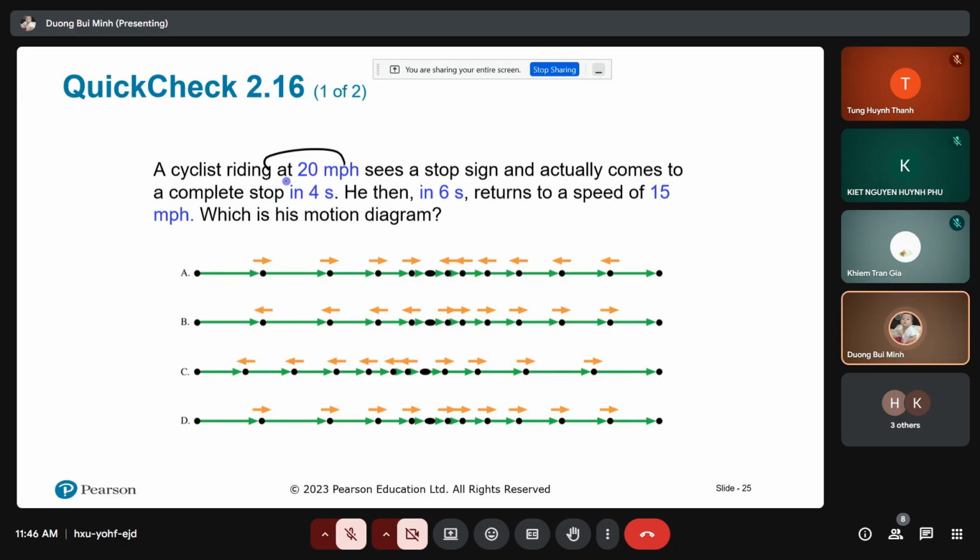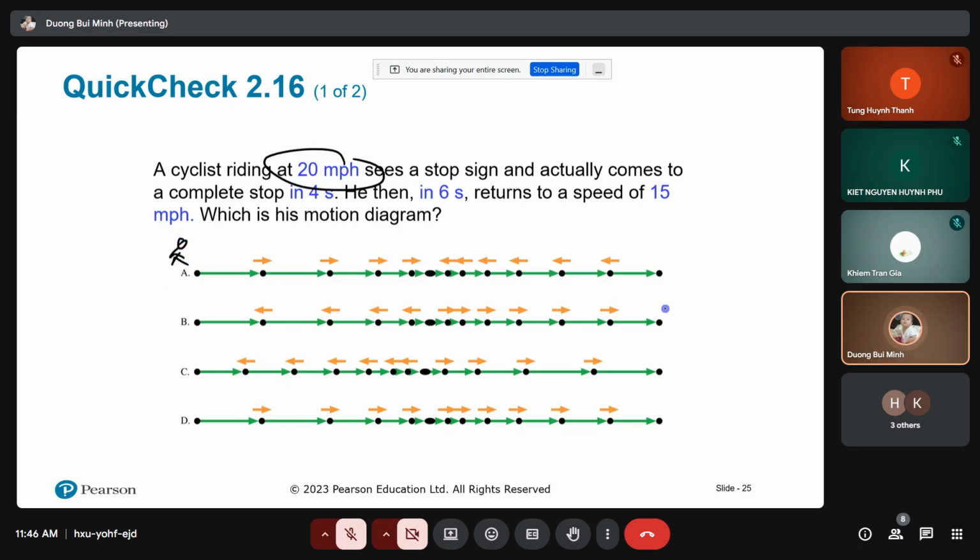We have these velocities, and we don't know the starting point. If we follow this one, here should be the starting point.